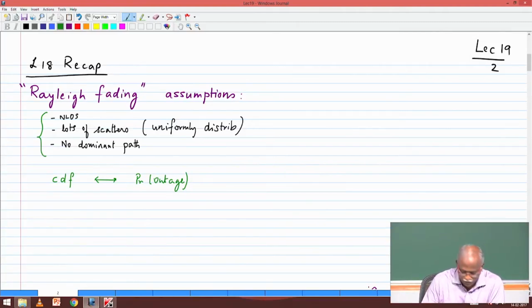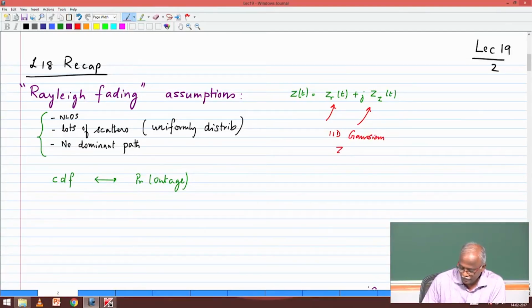So the notation that we will follow is that a tap or a channel coefficient is composed of a real part and an imaginary part, plus j times z_i of t. Now the assumption is each of these are independent and Gaussian.